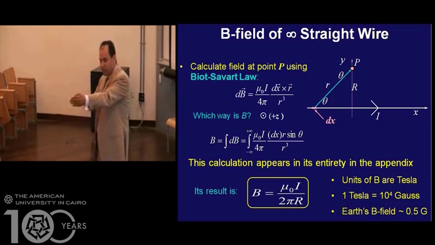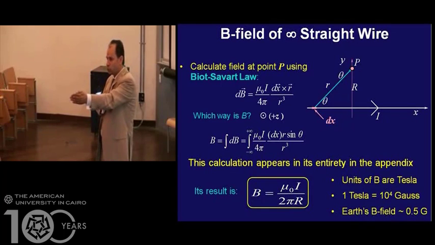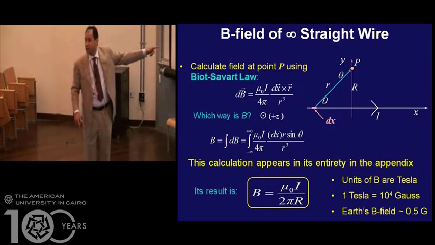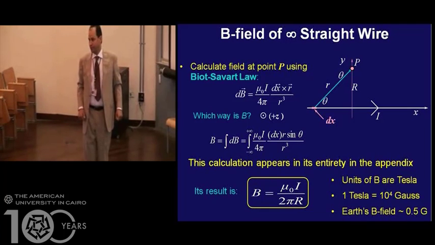Which means that this wire will be affected by a force equal to the current in it, I2, times its length, L, times the magnetic field from wire number 1, which is mu0 I1 divided by 2 pi R.